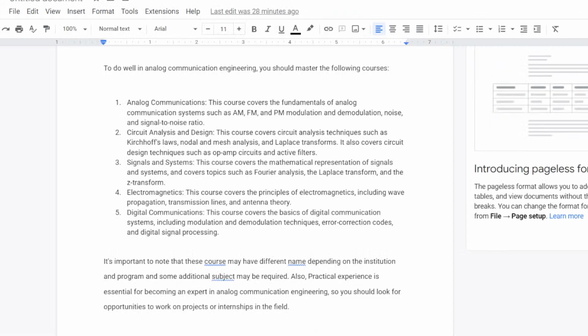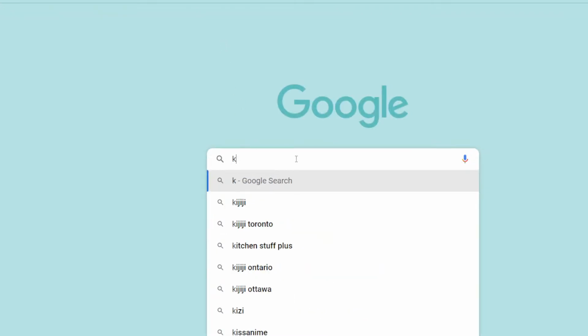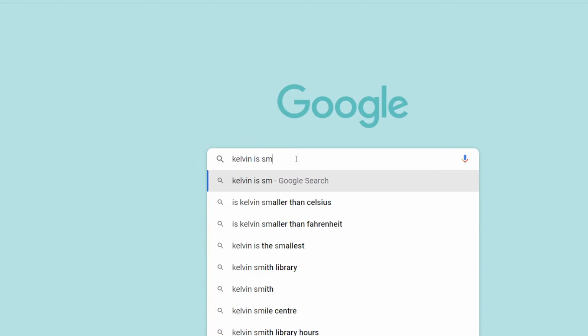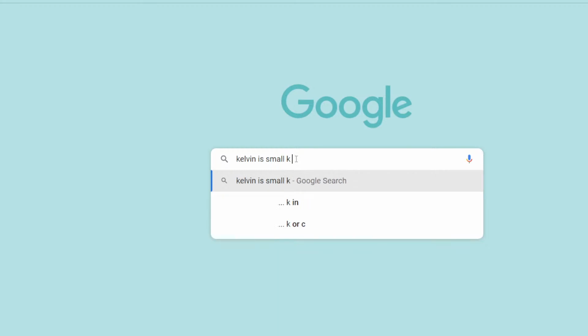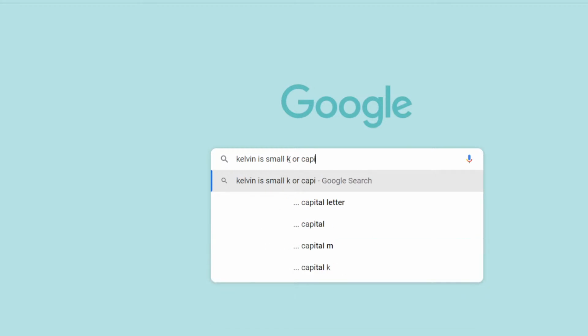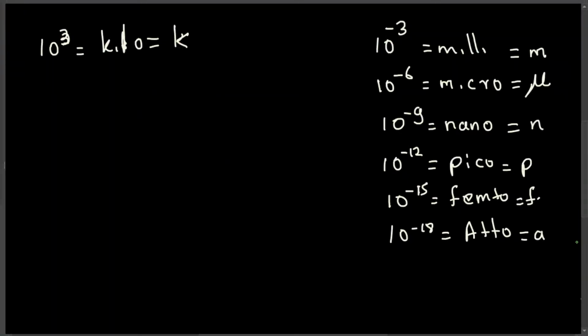Let me double check with Google: is Kelvin small k or capital? Okay, Kelvin is a capital letter and kilo is a small letter. So you have to be aware of this, because if you have kilo Kelvin, we have to know the difference.